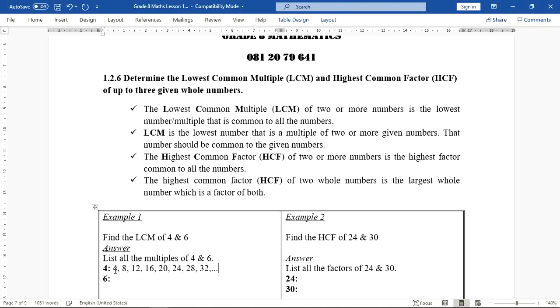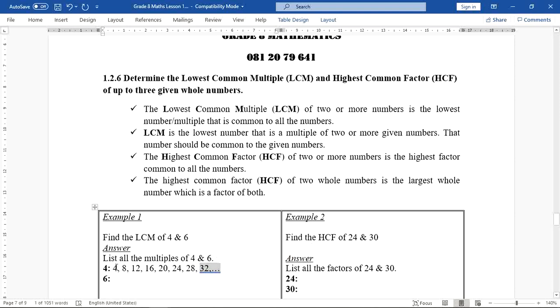Multiples of 4: 4 times 1 is 4, 4 times 2 is 8, 4 times 3 is 12, 4 times 4 is 16, 4 times 5 is 20, 4 times 6 is 24, 4 times 7 is 28, and 4 times 8 is 32.